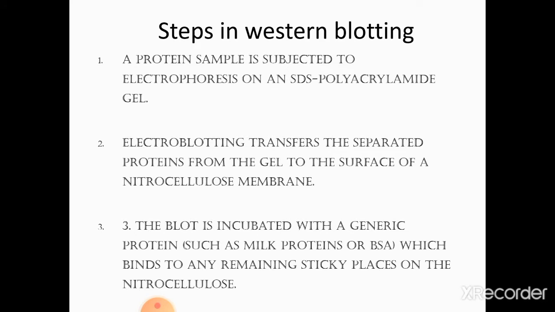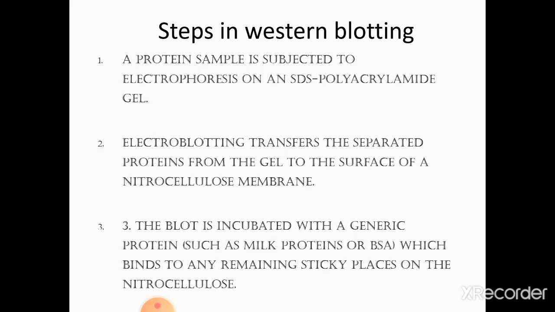Steps in Western blotting: first, a protein sample is subjected to electrophoresis on an SDS polyacrylamide gel. In the next step, it is electroblotted. This electroblotting transfers the separated proteins from the gel to the surface of the nitrocellulose membrane. In the third step, the blot is incubated with a generic protein such as milk proteins or BSA, which binds to any remaining sticky places on the nitrocellulose.